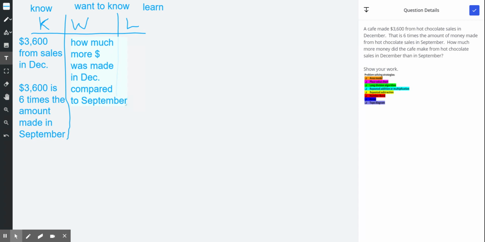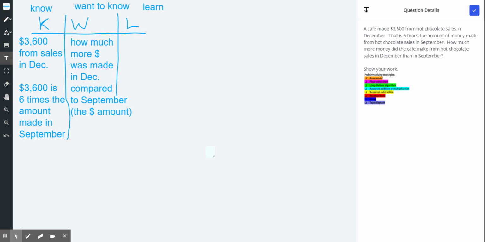They tell us that in December they made 6 times the amount, but they don't tell us the amount. They want us to find the dollar amount.